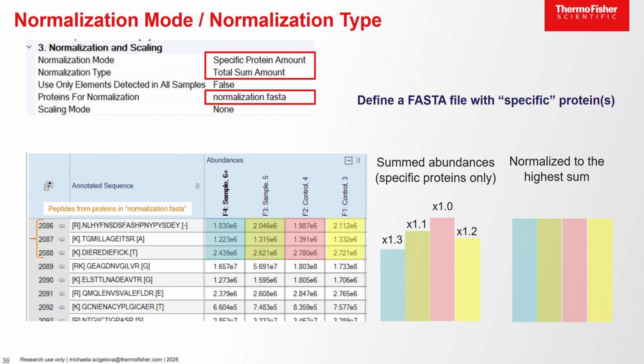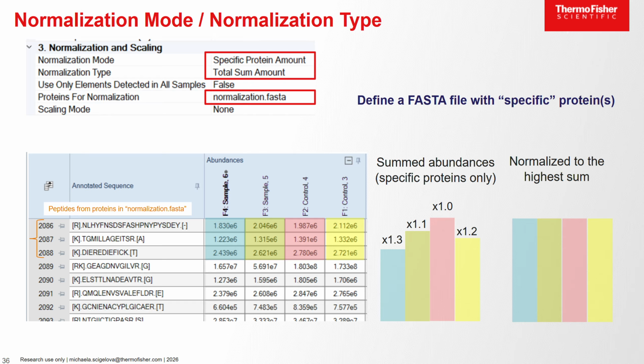What the software does, it identifies your peptides. It then checks whether the peptide belongs to the normalization FASTA. If yes, it is included in the normalization, in this case colored blue, and you do it for all the peptides you detected. And then those which can be mapped onto the normalization FASTA will be the ones on which your normalization is based.